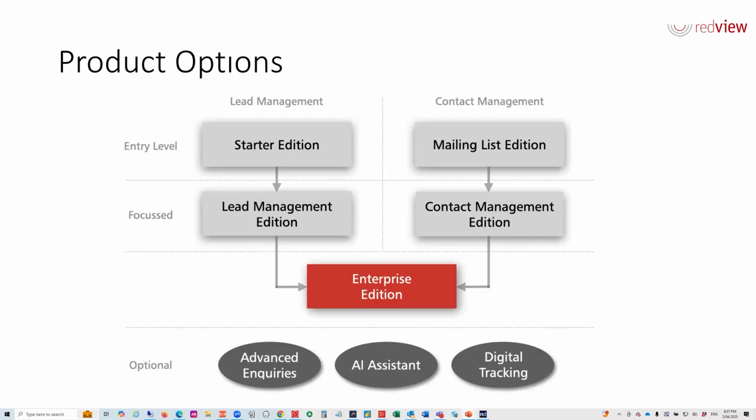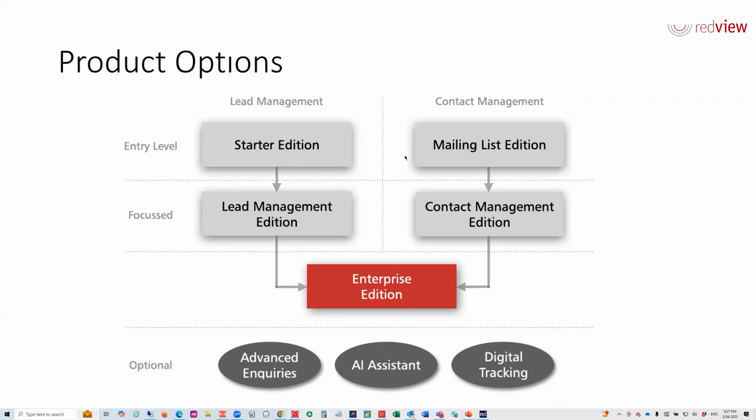So in terms of the product, it has quite an extensive range of functionality now. So we now offer different editions depending upon your need and with different price points. For the smaller firms and firms that just have a departmental marketing requirement, we have our starter edition, and that allows you to grow into the full lead management edition, which is where the lawyers and partners may be involved in the sales process.